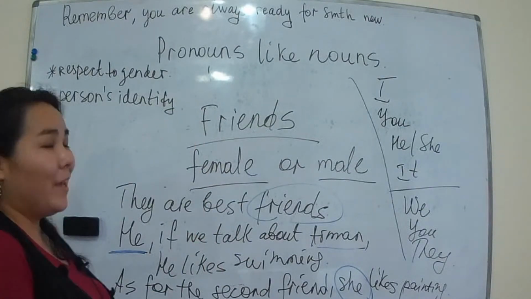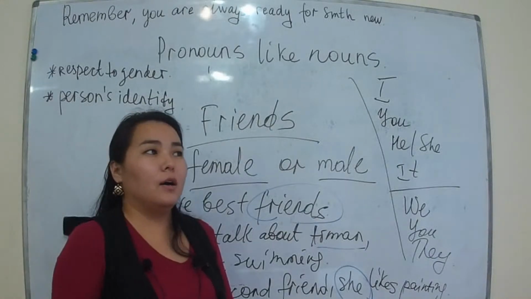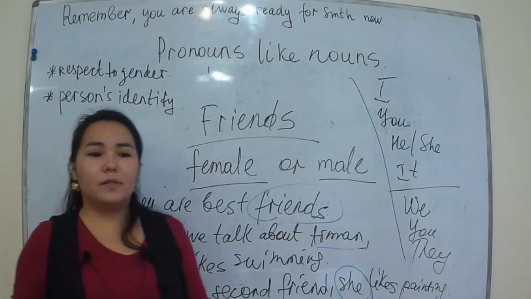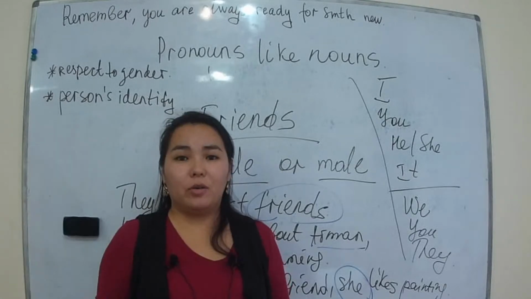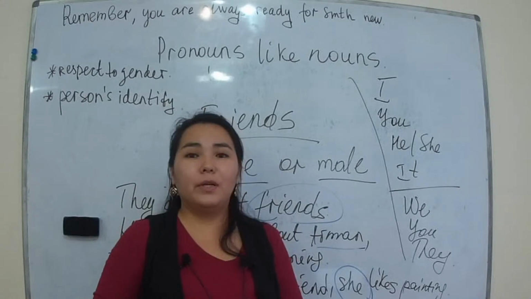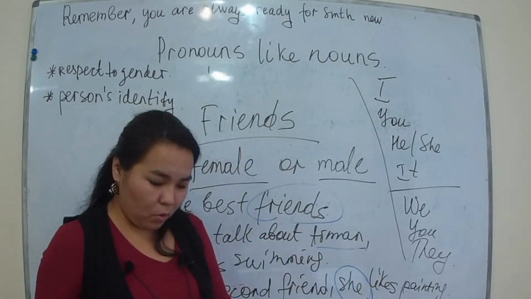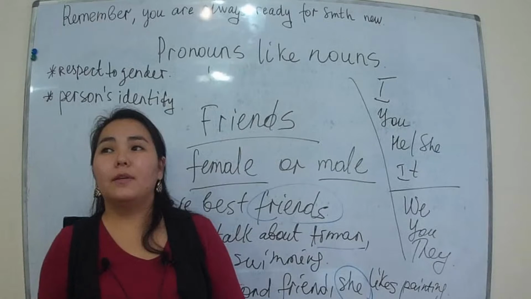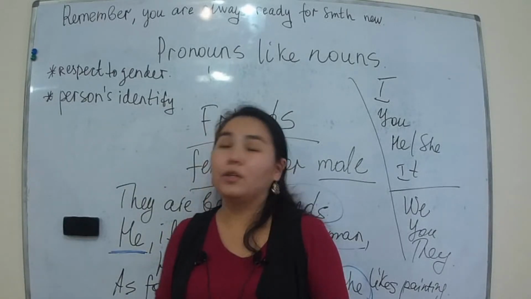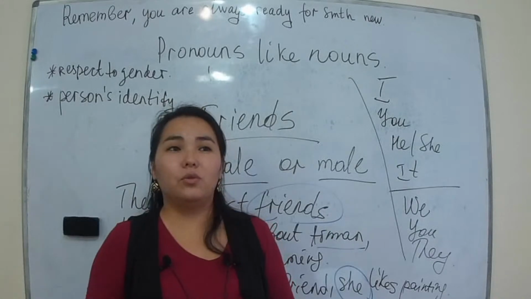So mostly in English, pronouns are called confusing pronouns because sometimes people can talk about something or describe a situation. For example, you are standing near the desk and you are speaking about your mother.